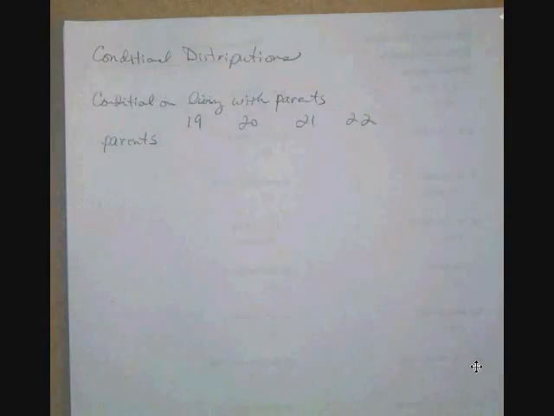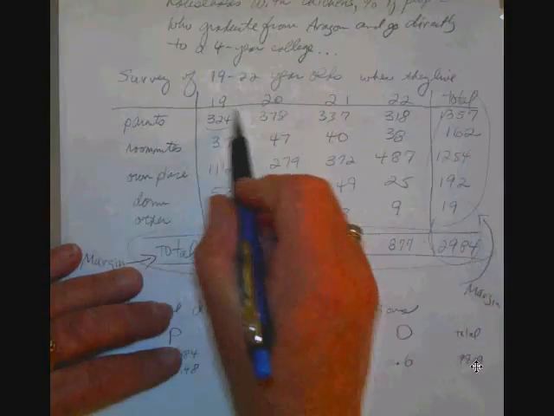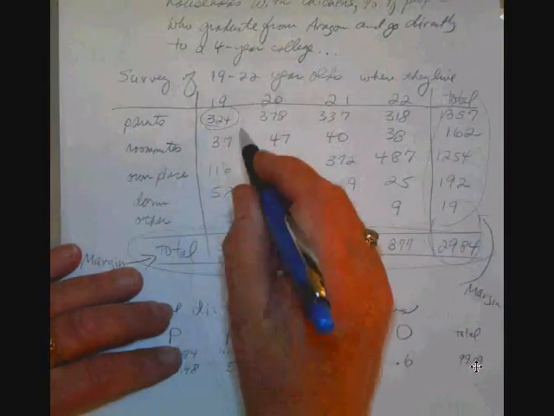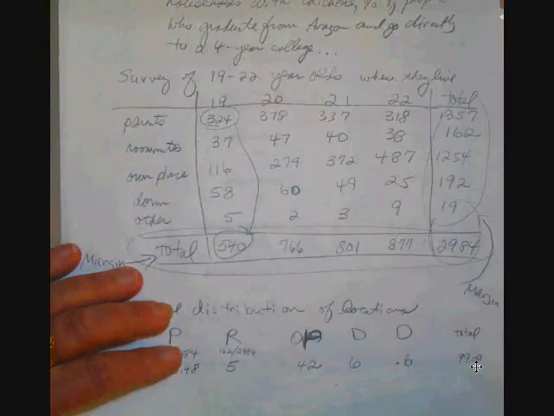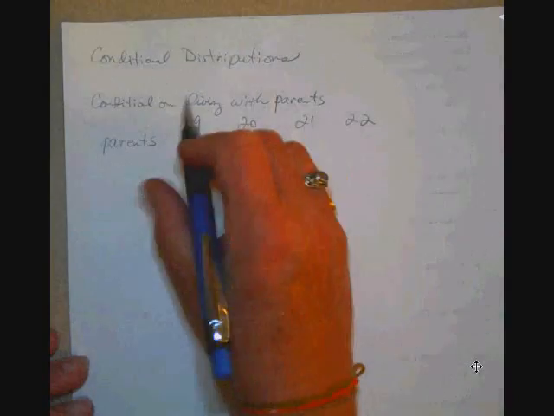and I had for 19-year-olds 324 out of the 540 19-year-olds live with their parents. So that's going to be my condition on living with parents.